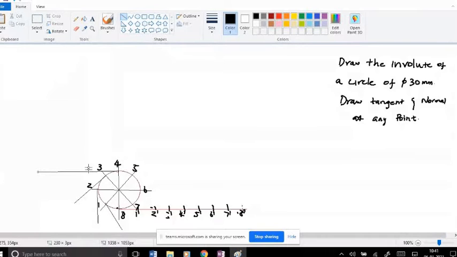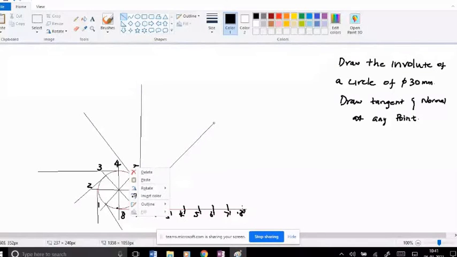And from point 5, from point 6, from point 7, and from point A. So I made tangents like this from all the points.